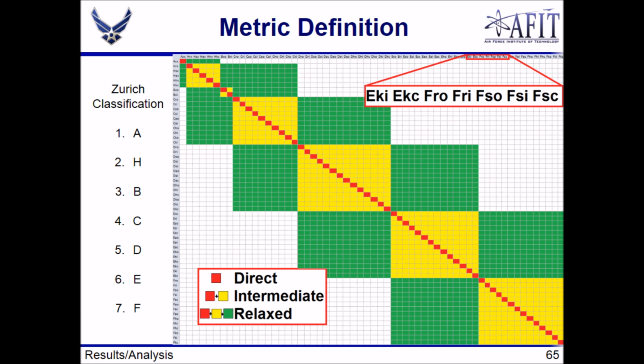I tried to color code the different metrics and the combinations there. So on the diagonal of the matrix, we have the direct metric. If you get everything right, then you're on the diagonal, and then you have slight deviations off to the side. I've listed the order across the top, for example, the order of the Zurich classification: A, H, B, C, D, E, F.